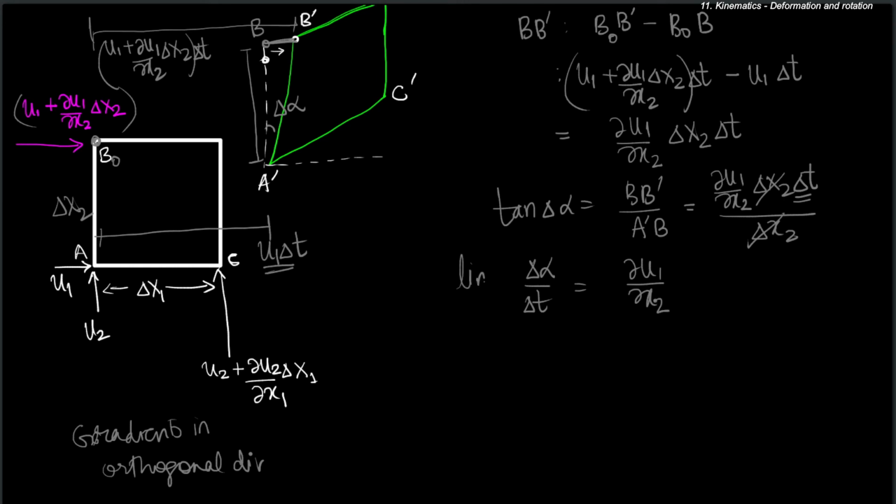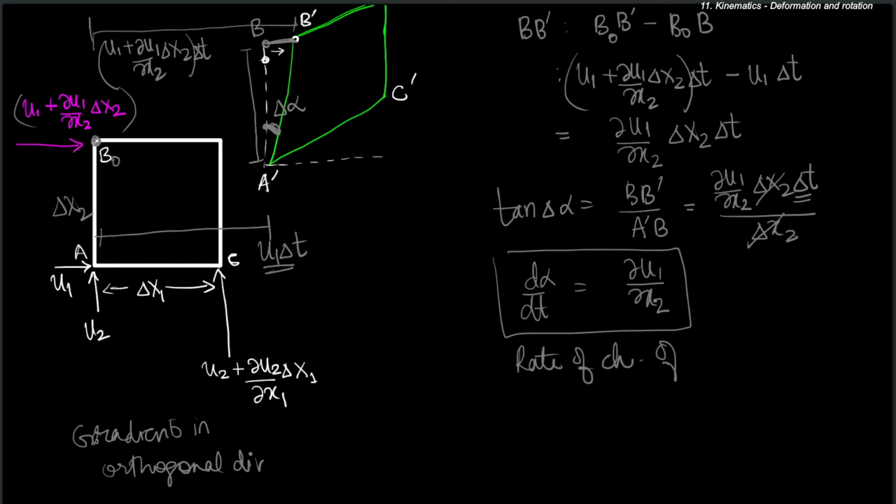We can take a limit, delta t tends to 0, and under this limit delta alpha by delta t will become d alpha upon dt. So that is effectively the rate of change of this angle. So this is the rate of change of the vertical angle.